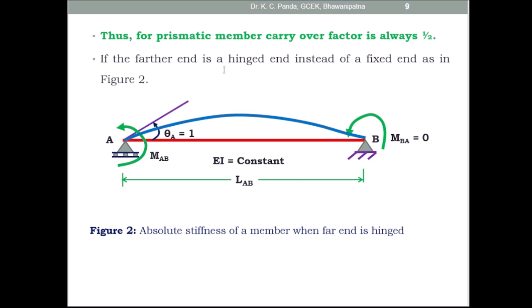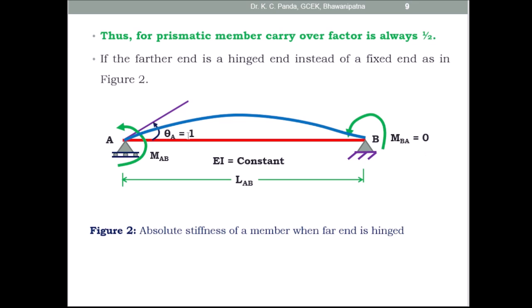If the further end is a hinged end instead of a fixed end, as in figure 2. This is figure 2. So here the further end B is the hinged end instead of the fixed end. So here this is the moment MAB at end A, and the moment at the end B, MBA, is equal to 0.